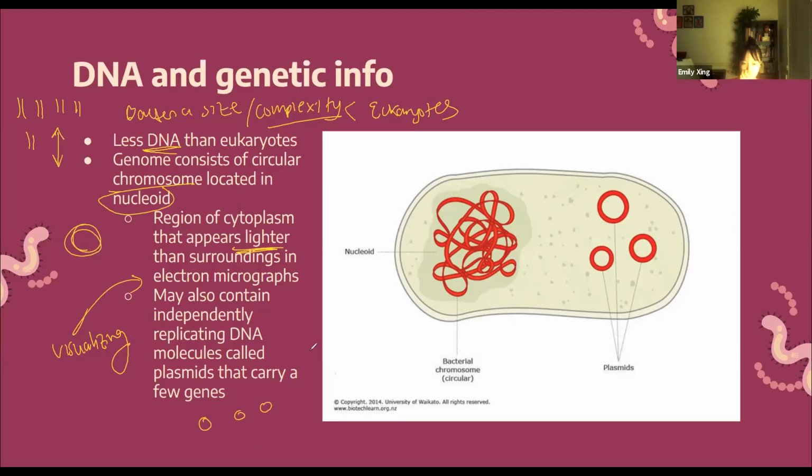And something you should know about plasmids is that they are very useful in genetic engineering, because you can say this is a plasmid and on this plasmid you have this gene. It's really easy to cut out this piece of gene, obviously not with scissors, and insert it somewhere else. It's really easy to do that with plasmids.